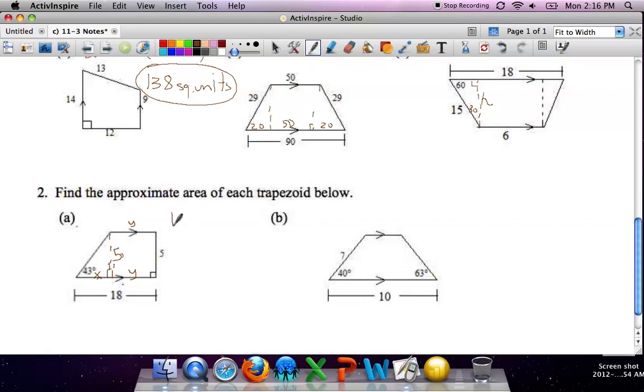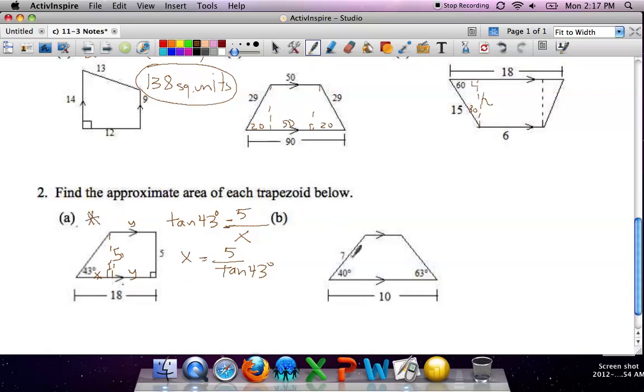Maybe I'll set this up for you. Tan of 43 degrees is the ratio of its opposite over its adjacent. So doing the math out, you would get X equals 5 over tan of 43 degrees. And you could find out what X equals, and then whatever X equals, you would subtract it from 18 to get Y and finish the problem.